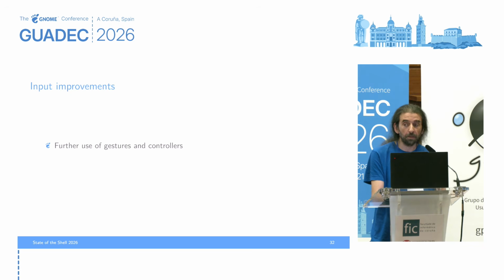And it's an improvement in terms of having more control points to handle input properly and give less opportunities for screw-ups and whatnot. So we now mostly are using these objects to handle input in GNOME Shell.